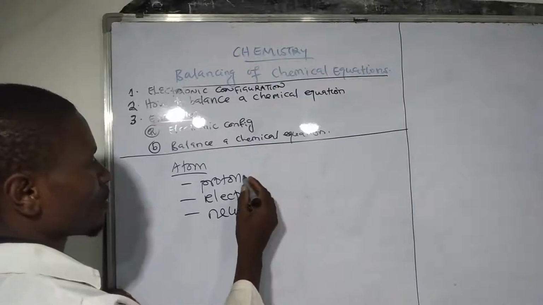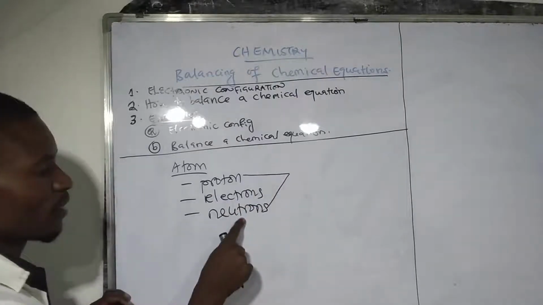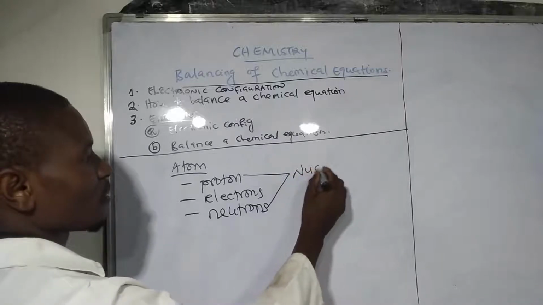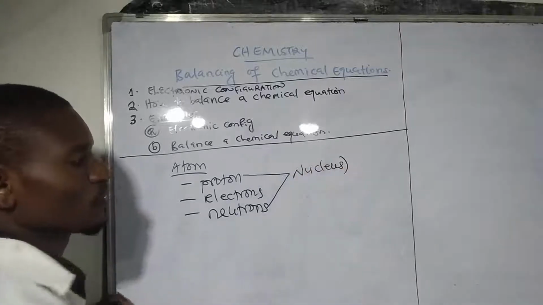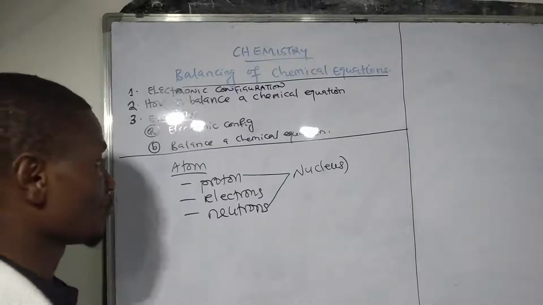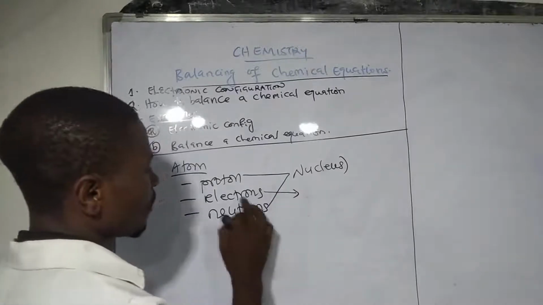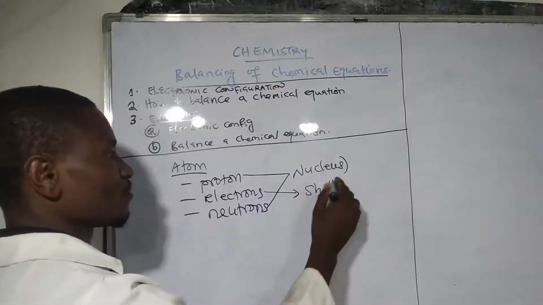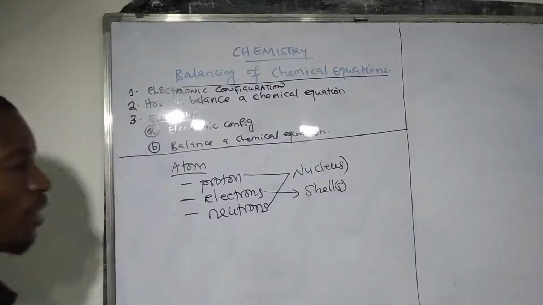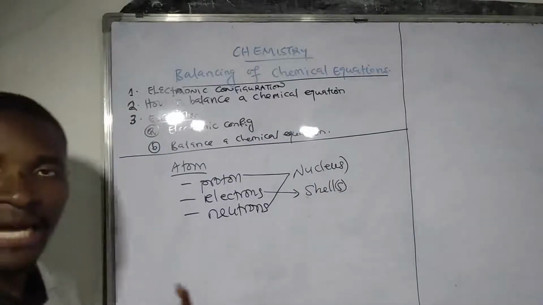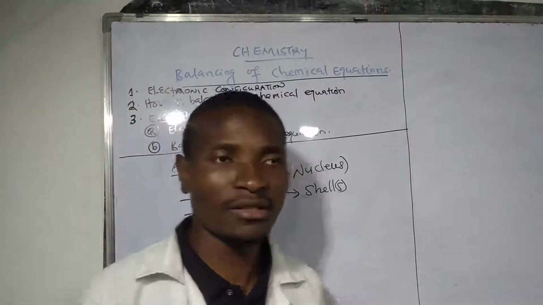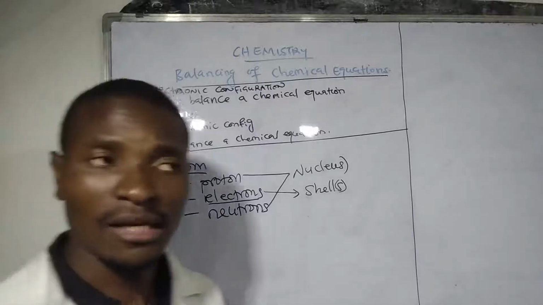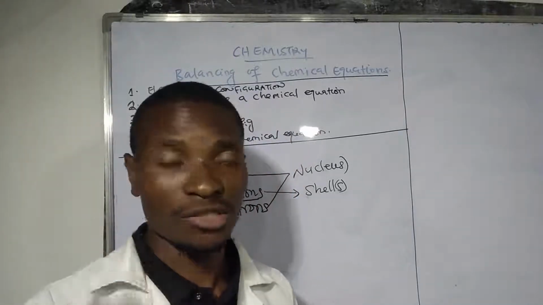The protons and the neutrons are found in the nucleus, and then the electrons are found in the shell. So when it comes to electronic configuration, we are only going to consider the electrons, which are found in the shell.